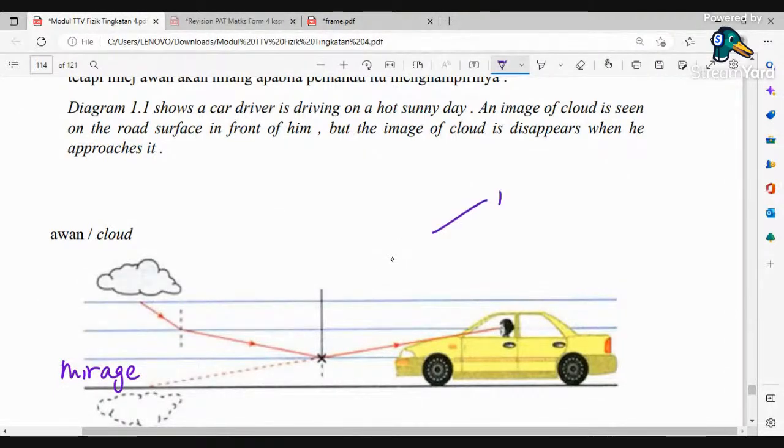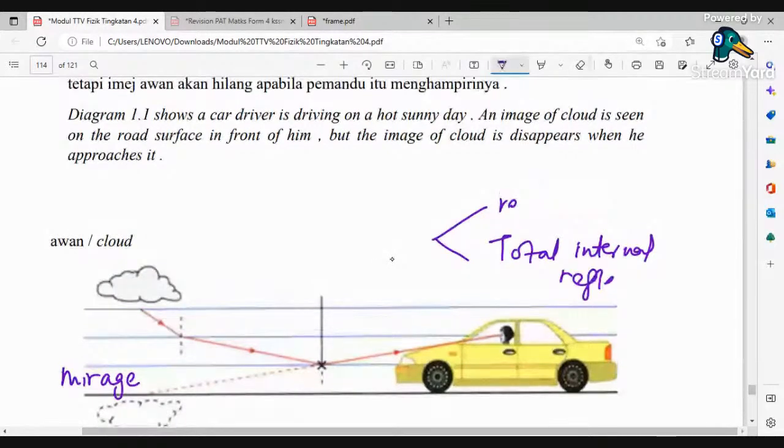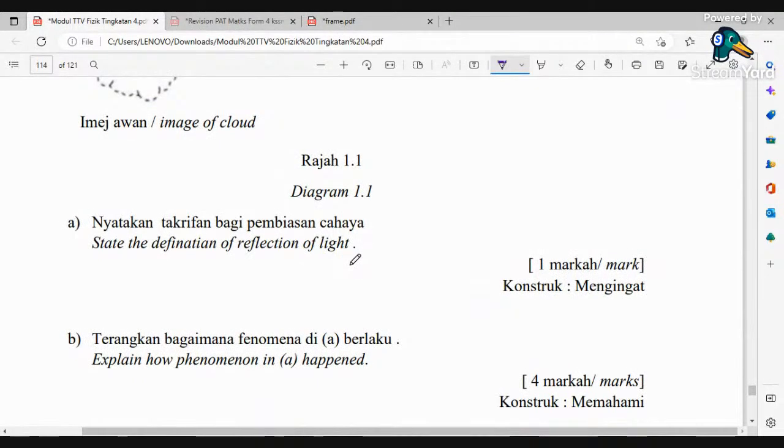Okay, so untuk konsep mirage guna dua konsep, refraction and total internal reflection. Okay, name state definition of reflection of light.